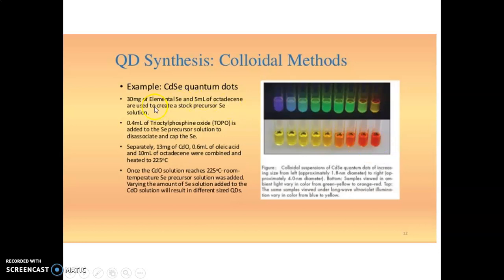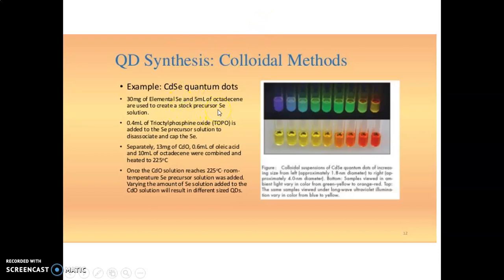So here initially there are 30 milligram of selenium and 5 milligram of octadecane used to create a stock precursor selenium. After that, 0.4 ml of trioctylphosphine oxide, that means TOPO, is added to that stock precursor selenium.